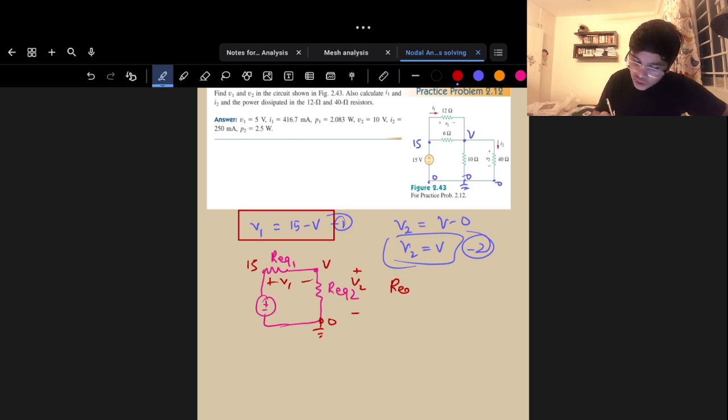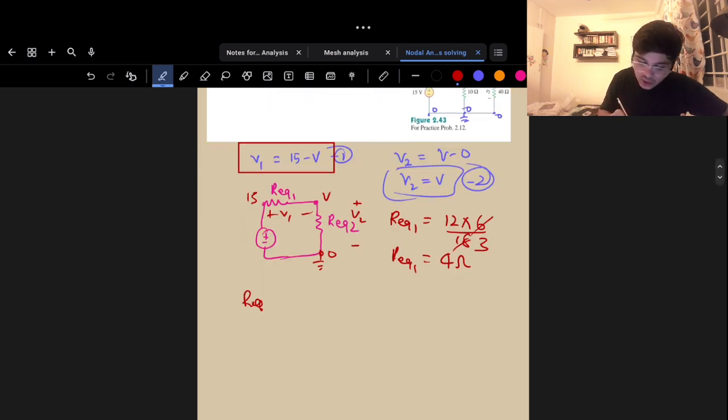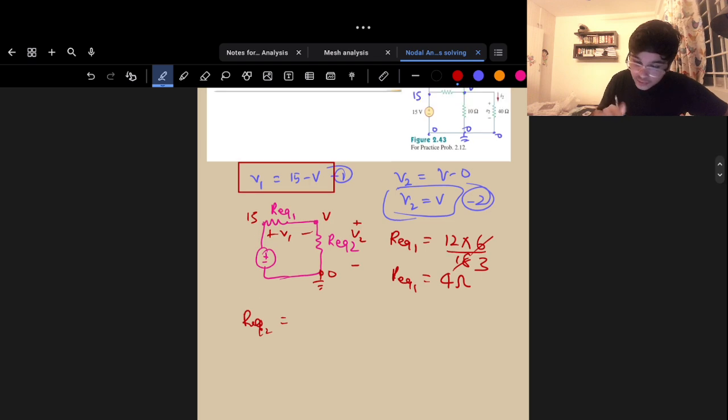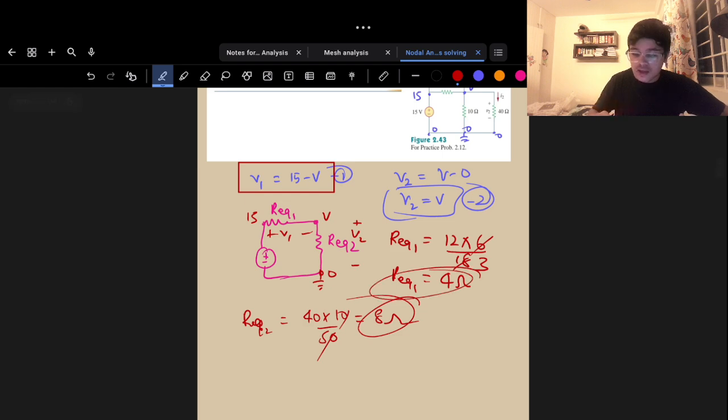R equivalent 1 is equal to 12 into 6 by 18, which is 4 ohms. And similarly, R equivalent 2 will be 40 into 10 by 50, which is 8 ohms.